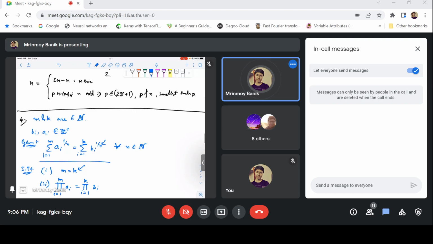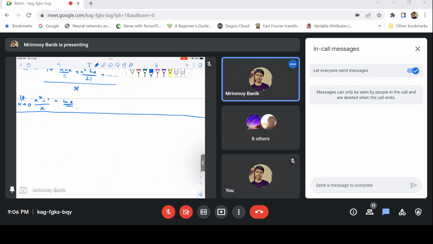So that was it. Question number 4. Now question number 5. So here we have an inequality with three non-negative integers, I should say.